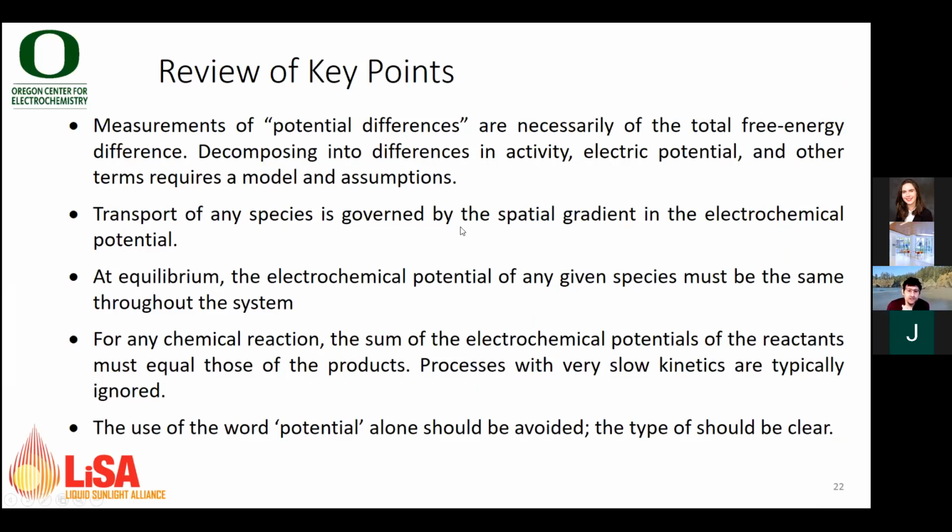Transport of any species is governed by the spatial gradient in the electrochemical potential, in electrochemical cells, the spatial gradient in the free energy of species. At equilibrium, the electrochemical potential of any given species must be the same throughout the system. So I can use that parameter to understand the distribution of species and the electrostatic fields and potentials that develop at equilibrium.